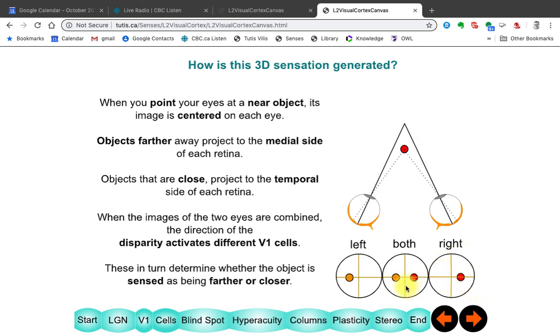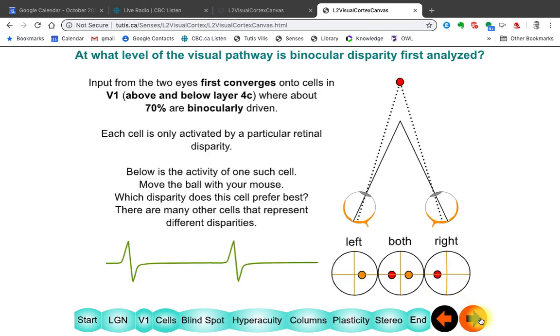And then if you imagine you combine them and saw what both eyes see, you can see that there is a disparity. What the disparity changes is different when the ball is farther away than when it's closer. Disparity is the key that tells you what the distance is, what's closer, what's farther.